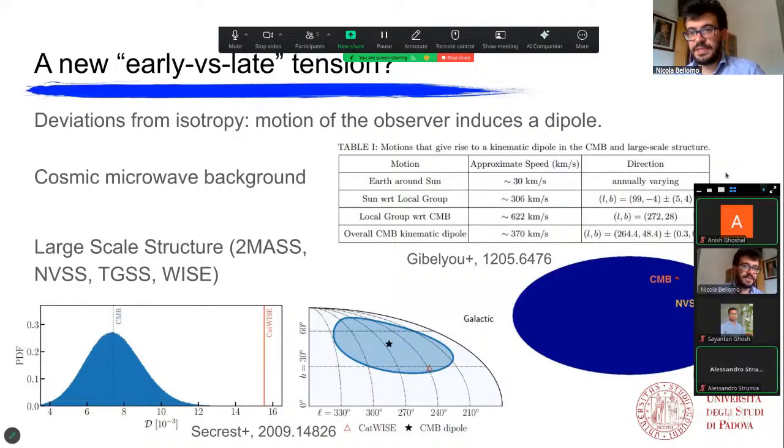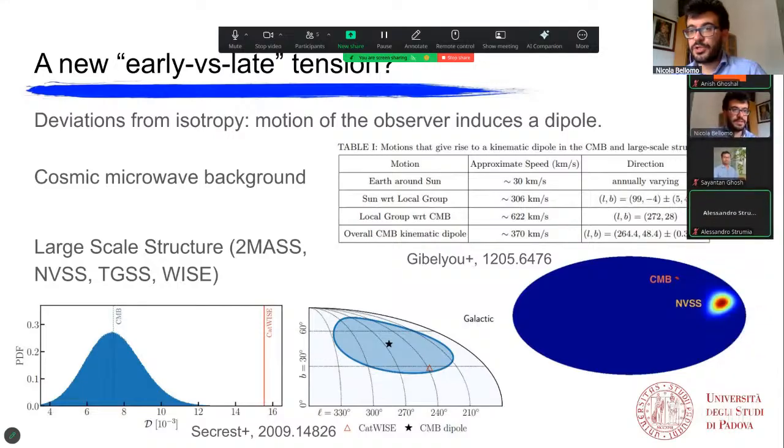And what happens in this case is that the value we find does not correspond to the value we find with the CMB, and the direction is not compatible. So for instance, here you see where the CMB dipole is and where its likely position inferred by large-scale structure is. Absolutely not compatible.